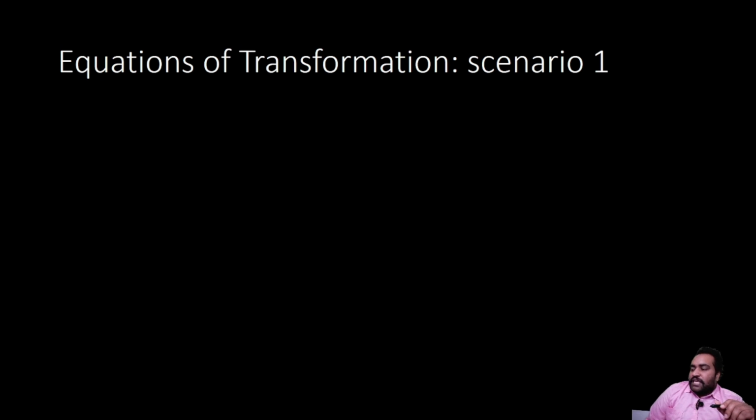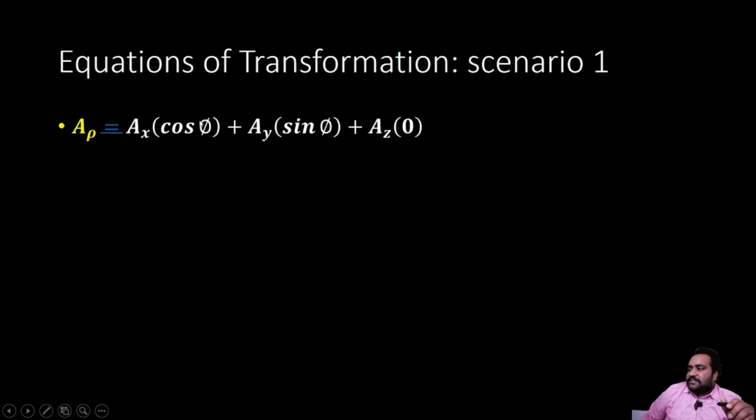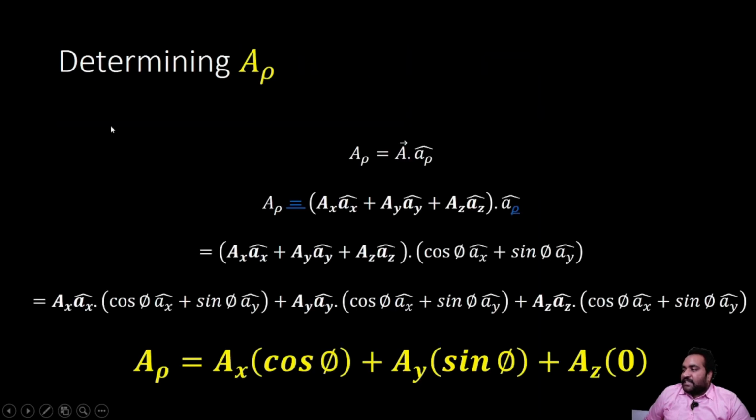The equations for transformation in scenario 1 are, this is the expression for a rho. You see this expression of ax cos phi, ay sin phi and az times 0. How you got this cos phi, sin phi and 0 can be revisited here.